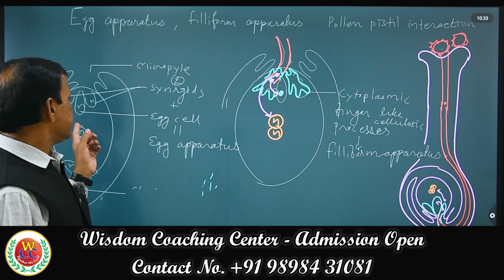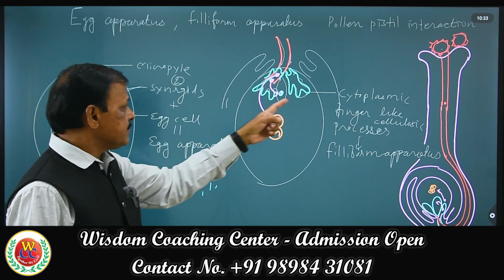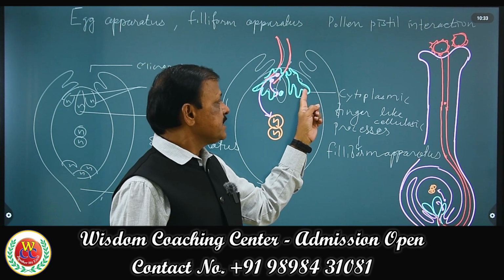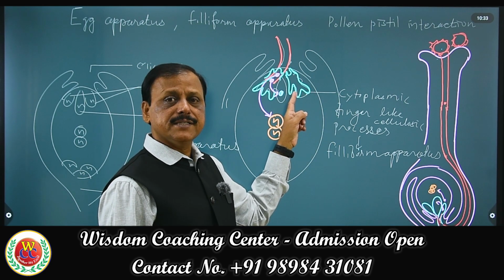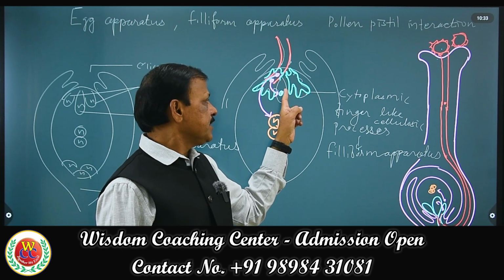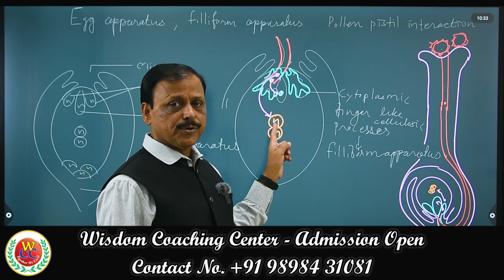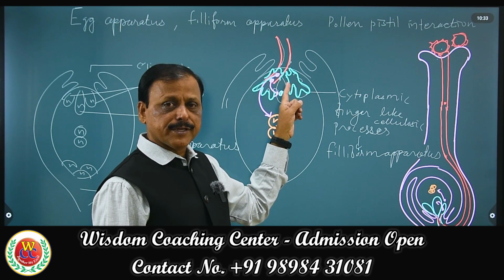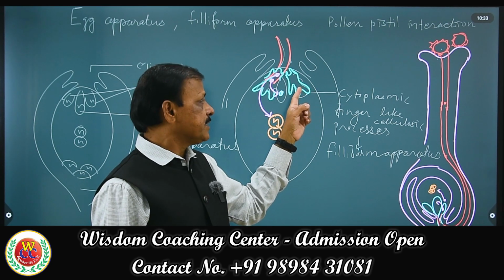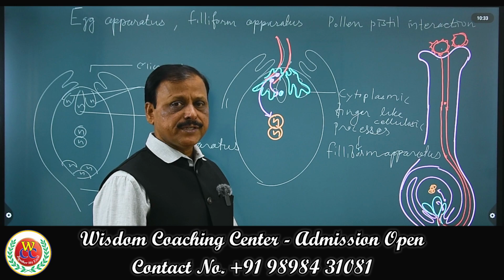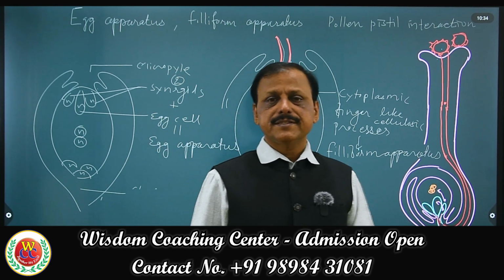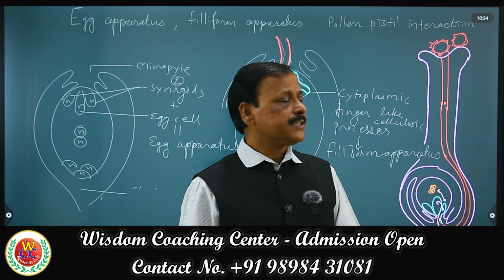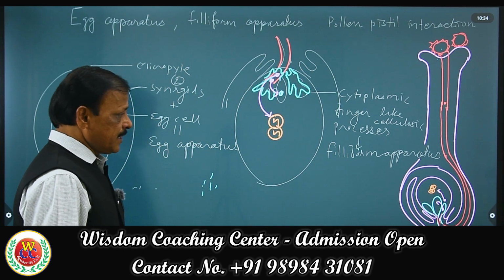A question can be asked in NEET by giving options A, B, C, D: suppose this is labeled A, then what is the label A in the diagram? The options can be filiform apparatus, egg apparatus, polar nuclei, male gamete or female gamete, whatever options are given. The cytoplasmic finger-like projection present in the synergids is naturally the filiform apparatus.